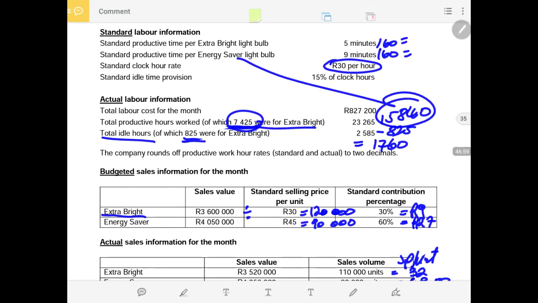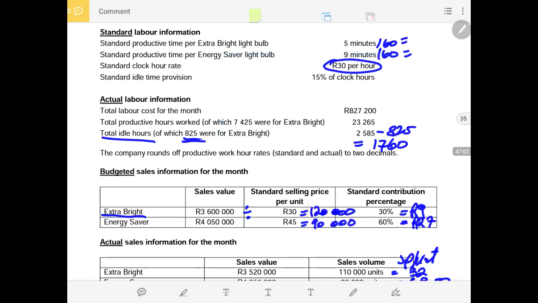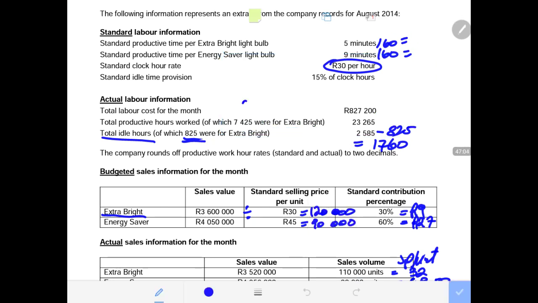Efficiency is how efficient were our employees in the production. Remember, this will be 23,265 minus 7,425. And this gave us 15,840 productive hours to produce the product energy saver.